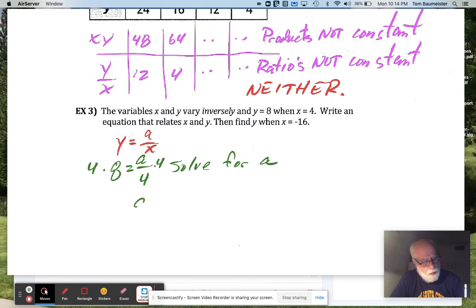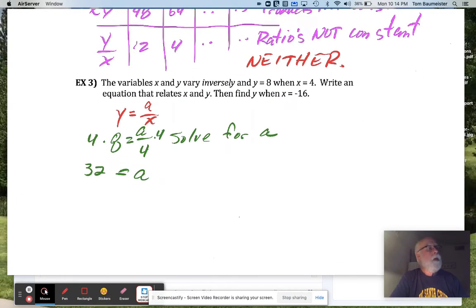And that'll give me that a is equal to 32. So now we can write our equation because, again, a is our constant. That means it's never going to change. So we know that we can now rewrite our equation as y is equal to 32 divided by x.